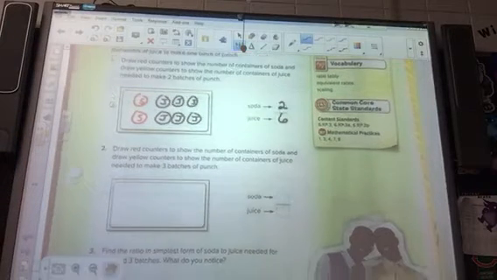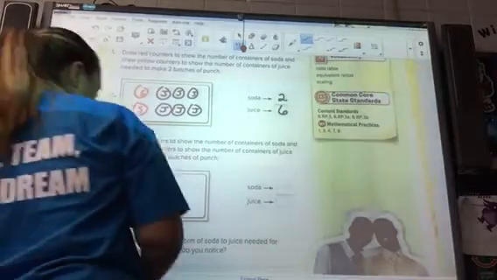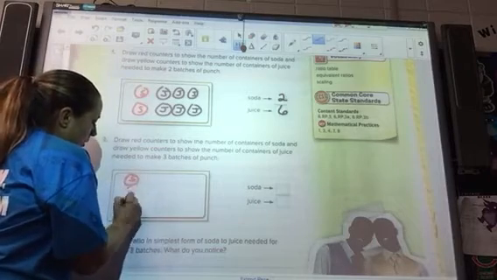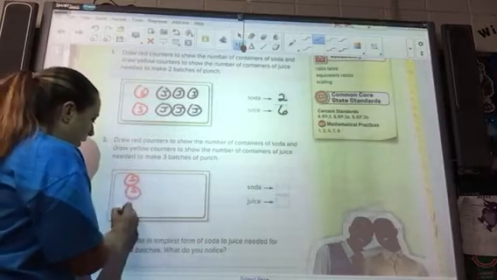Now it's saying draw red counters to show the number of containers of soda and yellow counters to show the number of containers of juice to make 3 batches. So we have 1 batch with this one, 2 batches with this one. If we want 3 batches, we got to have another soda.